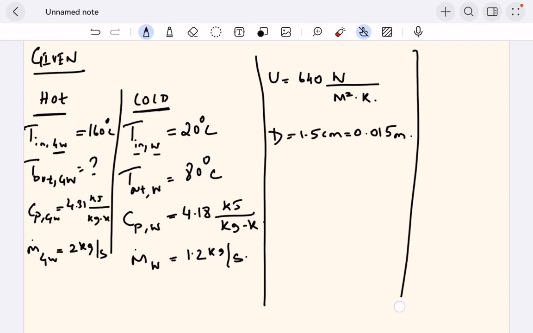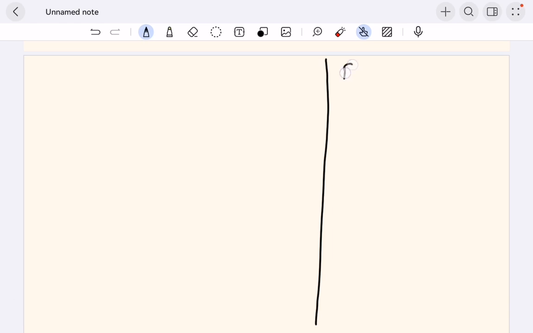And we need to find the length. Length is how much, right? So pretty much that's a summary of the given data. That's all we have. Now, before we proceed, let's try to list the formulae here, which are applicable for the heat exchanger.